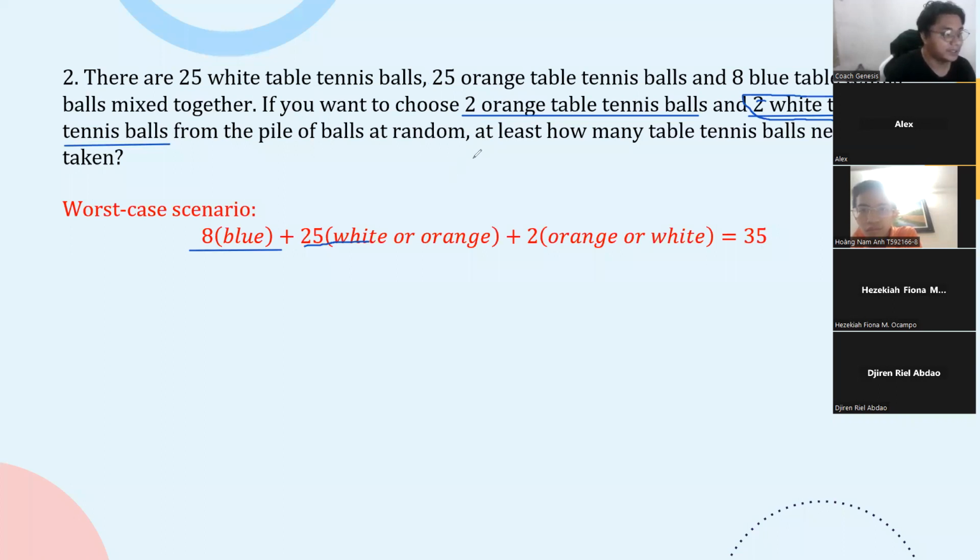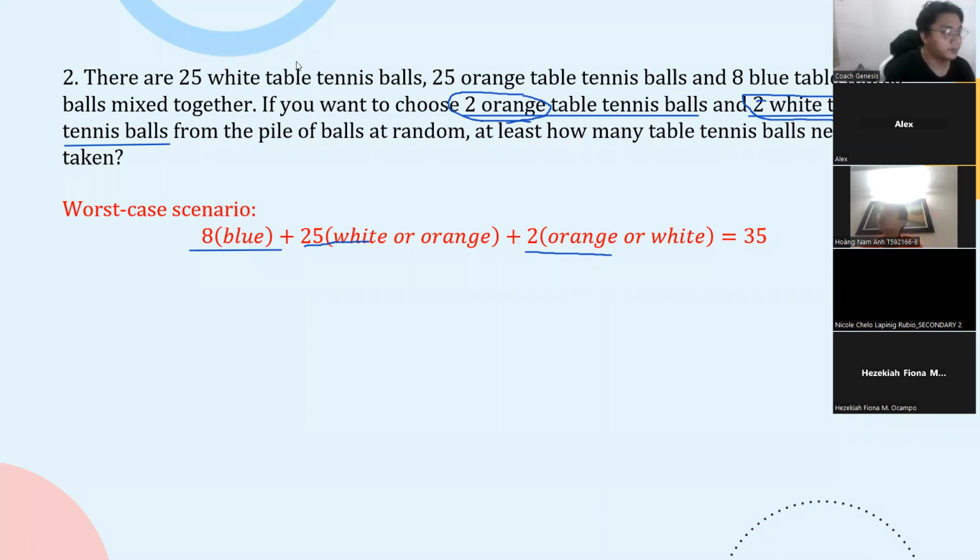So in order to satisfy all of the conditions, we only need to pick two orange table tennis balls. That means we have 8 plus 25 plus 2, or 35 balls to pick out of a total of 58 table tennis balls. That's it for number 2.